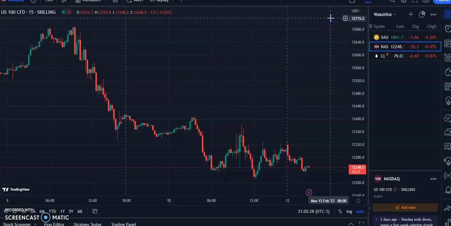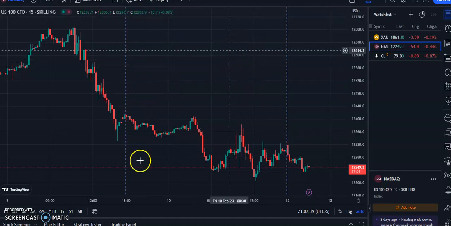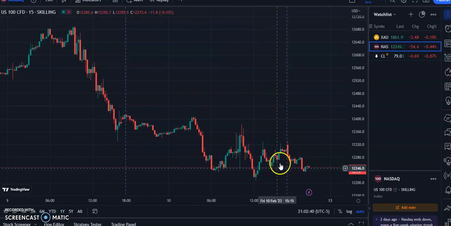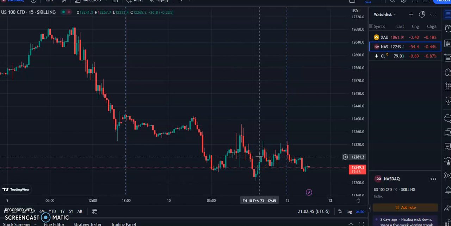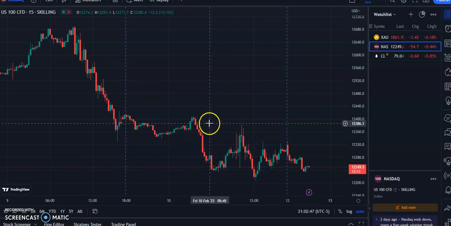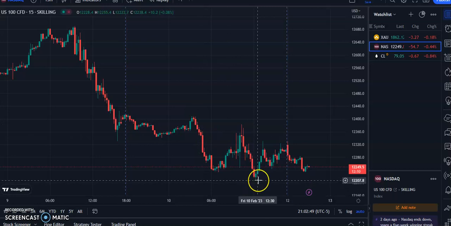Now, you want to align yourself with the trend, or in the case of a consolidating market, you wait for it at the extremes. Now, we are selling high and buying low. So, whatever instruments that you trade, the basics are the same. We sell high, buy low.